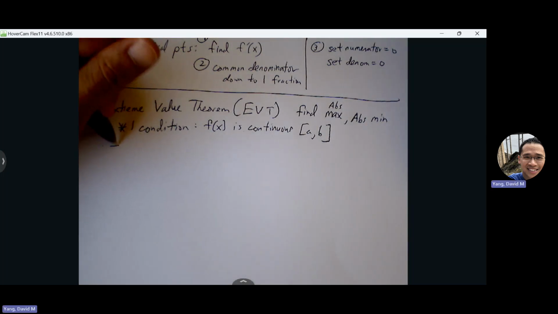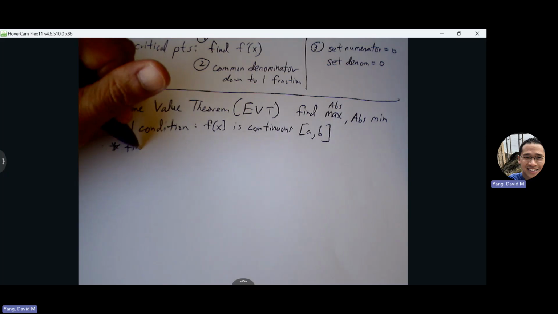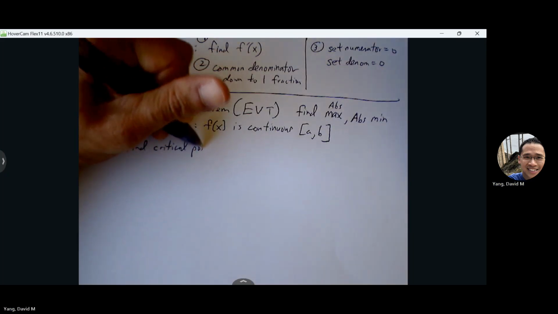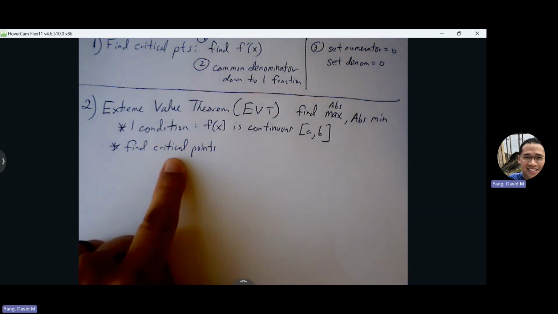Your next step is you're going to find critical points. Now, at this stage, you already have two candidates, right? What are the two candidates that you're always going to be testing no matter what? Endpoints, right? You just may or may not have additional test points depending on if you find critical points.